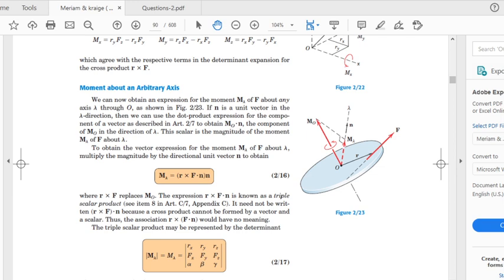That is going to give us the magnitude. If we are to find the moment about that line as a vector quantity, then we have to multiply this magnitude with the unit vector along that line. So that gives us the moment produced by a force about a line.